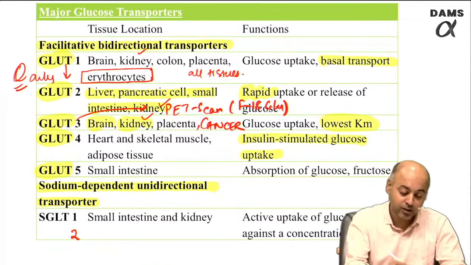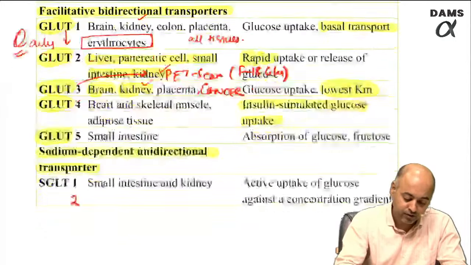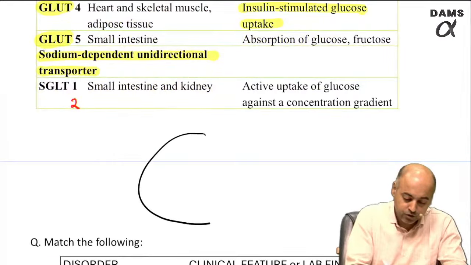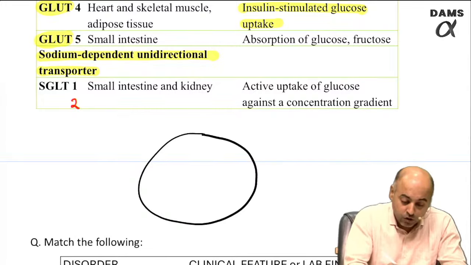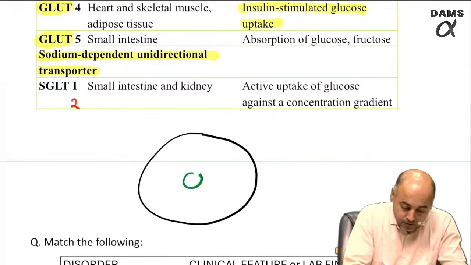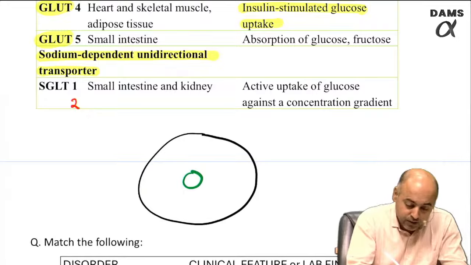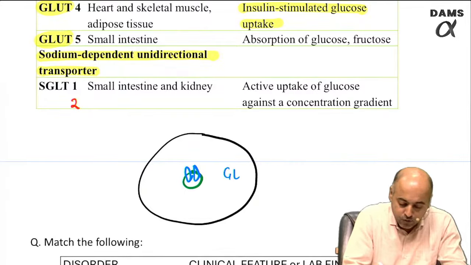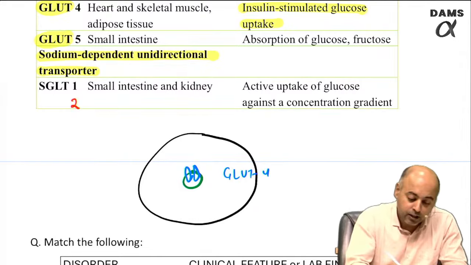So basically what happens is you have this tissue. Within the tissue, on the vesicles, we have this transporter called the GLUT4. The GLUT4 will be mobilized when the insulin will come.